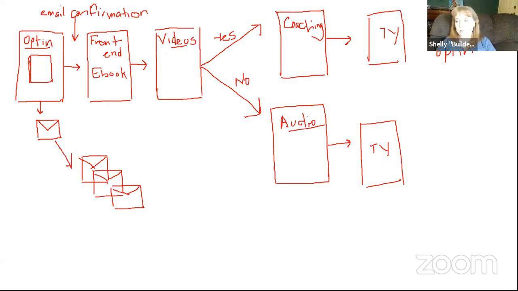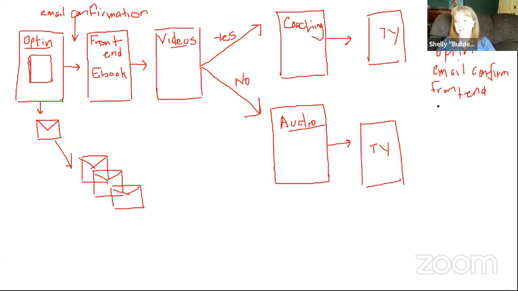So on pages, we've got the opt-in page. We've got the email confirmation page. Definitely need that page. So email confirm. Can't spell it. And then we need the front end page. There we go.